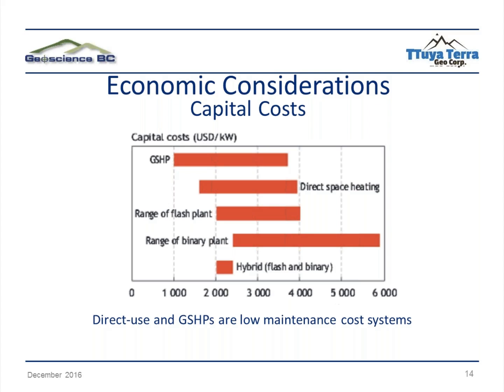But in general, a binary plant, if we're talking about power, will cost you more than a hybrid flash and binary plant. So this just needs to be taken into consideration that the capital costs vary, and ground source heat pumps are usually on the cheaper end, with power systems on the more expensive end.